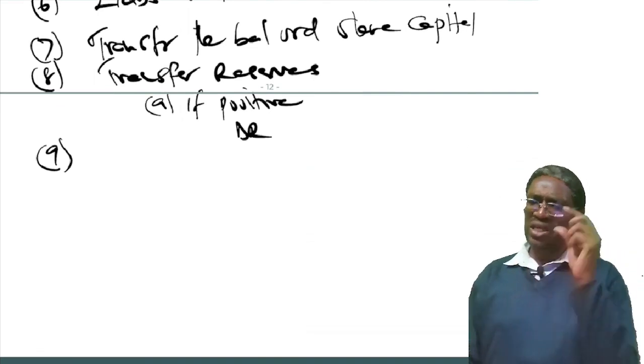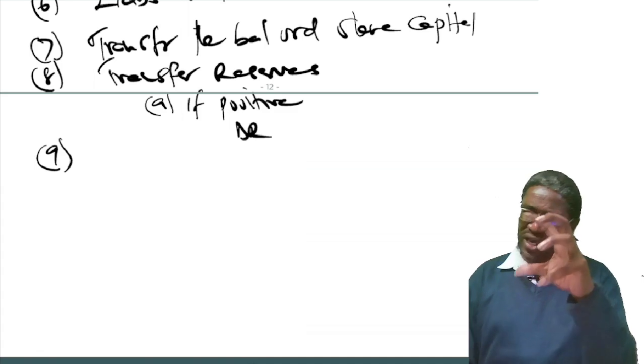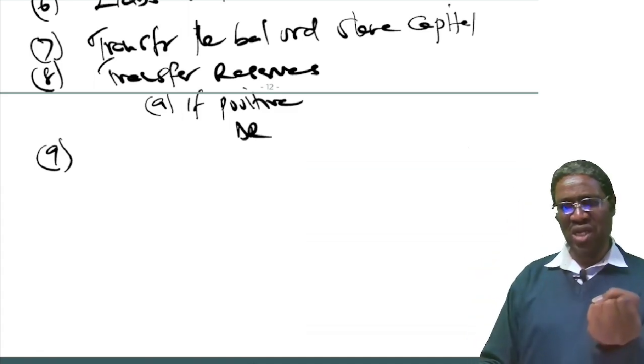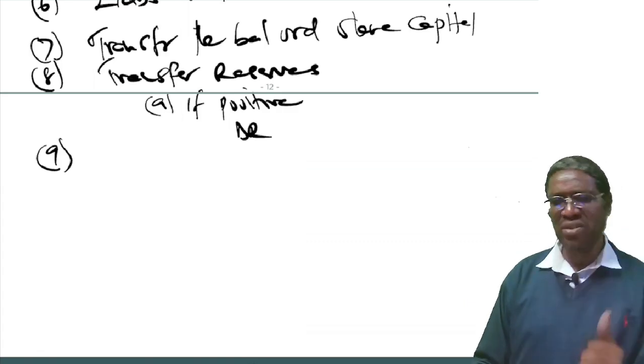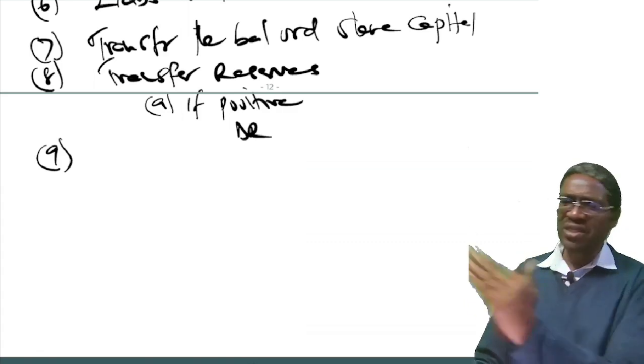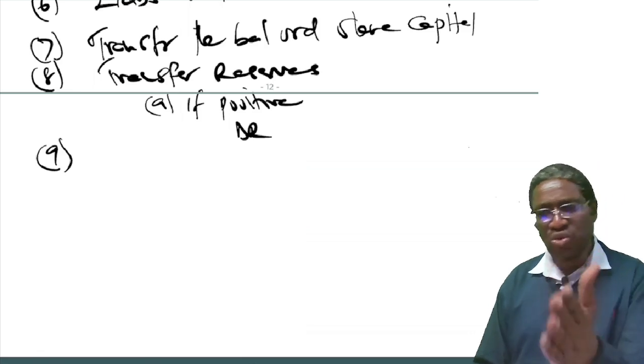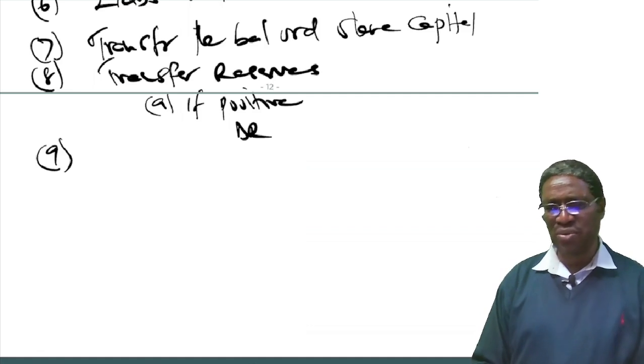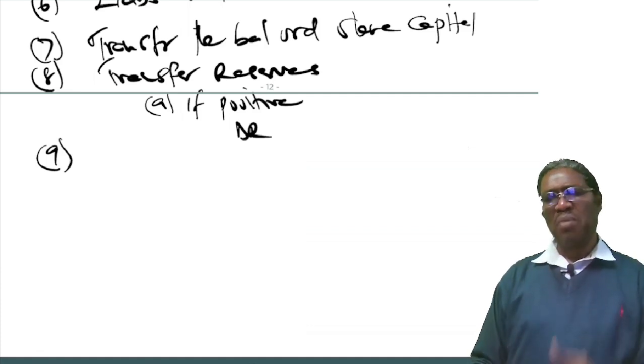And you find in such cases, most of such assets are normally the intangible assets. Goodwill: company B doesn't want to take it, and you as A can't sell it. Copyrights, another example. Trademarks, patents.